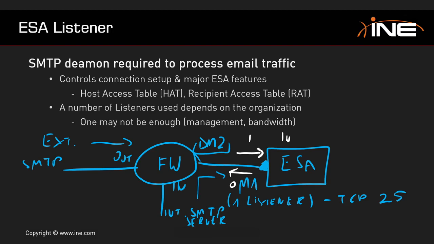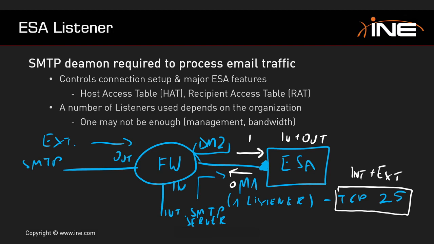Now, the second problem here is that your firewall might have some issues when inspecting communication coming from the outside versus from the inside, since all those connections are destined to a single port, TCP port 25. You have one listener, and one listener means that the device is listening on just one TCP port.